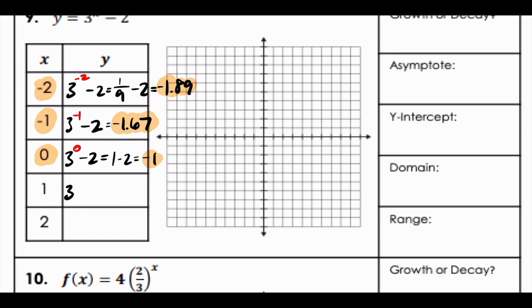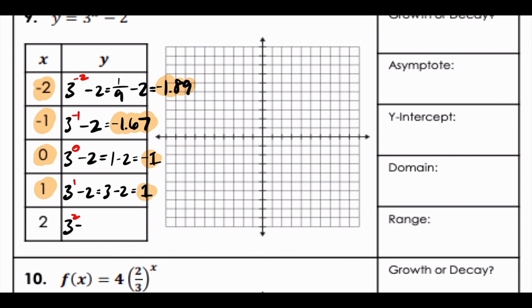Three to the first power is just 3 minus 2, which is +1. 3 to the second power minus 2. 3 to the second power is 9. Minus 2 is 7.